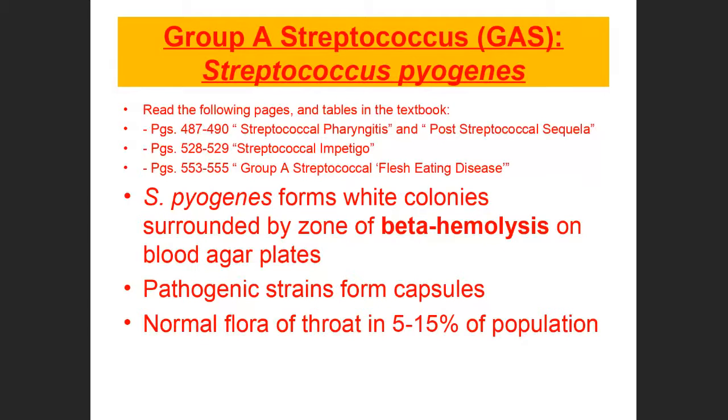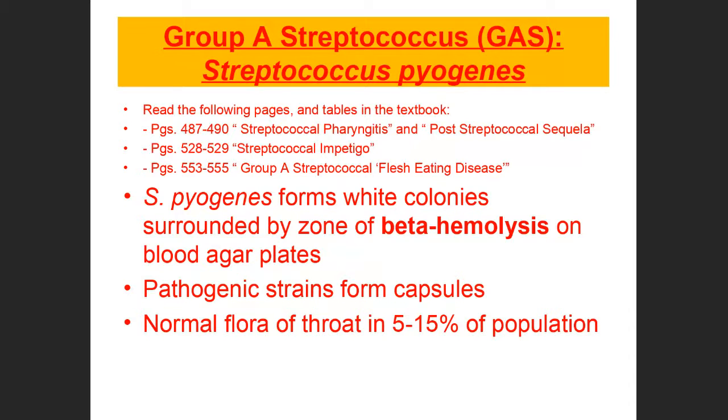Okay, so Streptococcus pyogenes is the genus and species for the Lancefield group A Streptococcus, which also has the acronym GAS. This is a beta hemolytic Streptococcus, meaning it's going to hemolyze, or destroy, red blood cells.